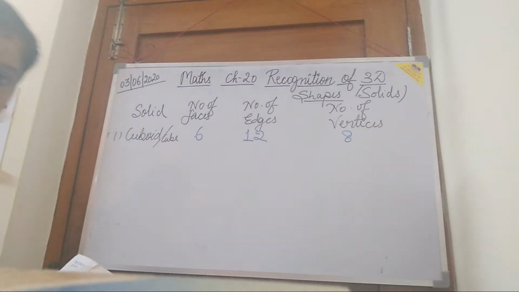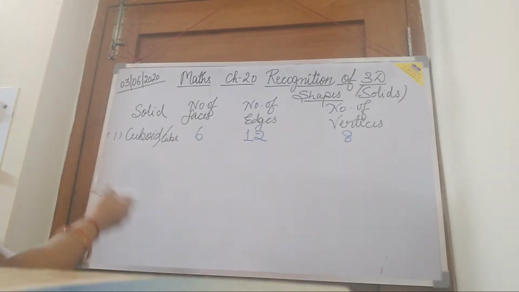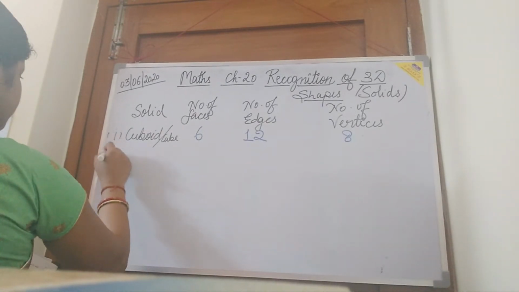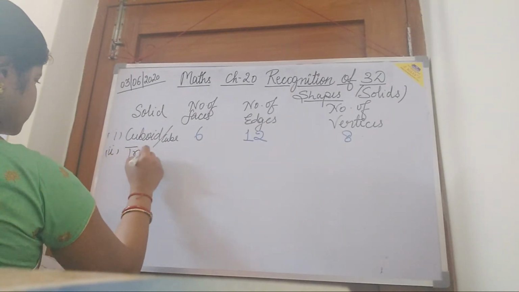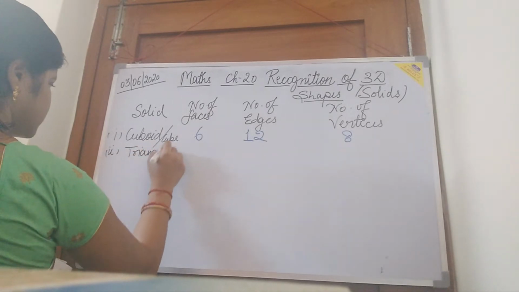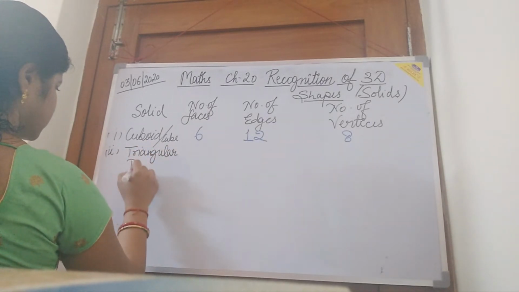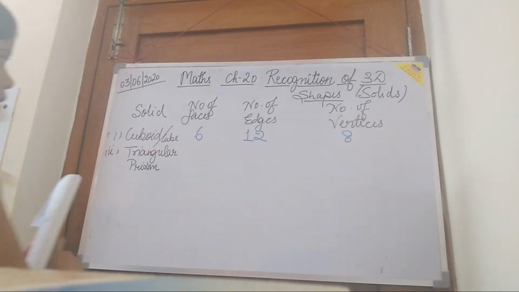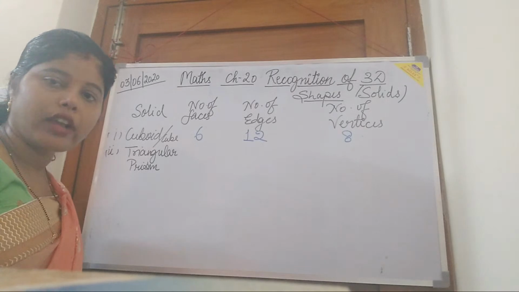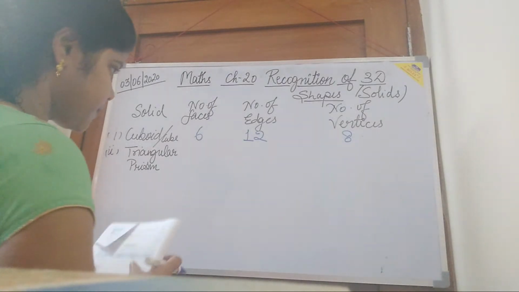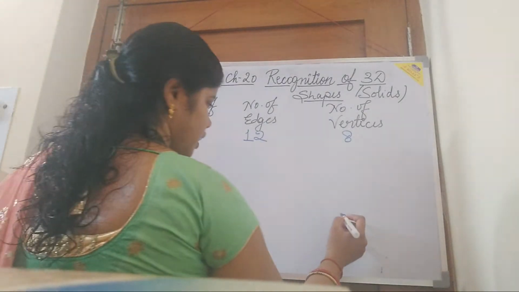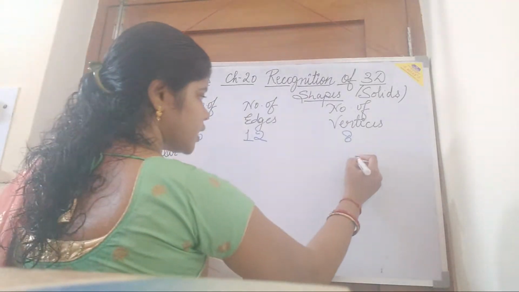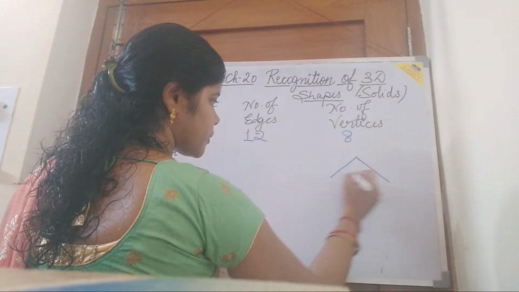Now the second one, triangular prism. So in this triangular prism, number of faces. I think you remember how we make a triangular prism.